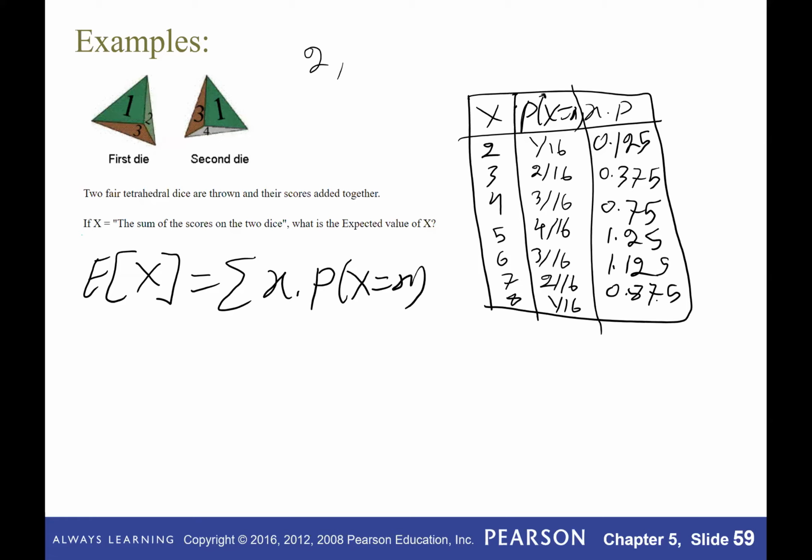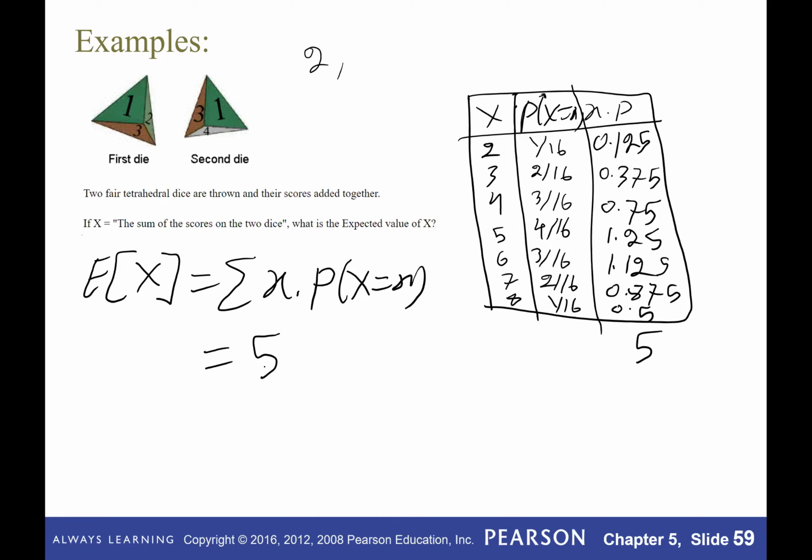Then 8 times 1/16, that means 8/16, which will be 0.5. Now if we add them together, it will be 0.5 plus 0.875 plus 1.125 plus 1.25 plus 0.75 plus 0.375 plus 0.125. So it will be actually 5. So the expected value is 5.